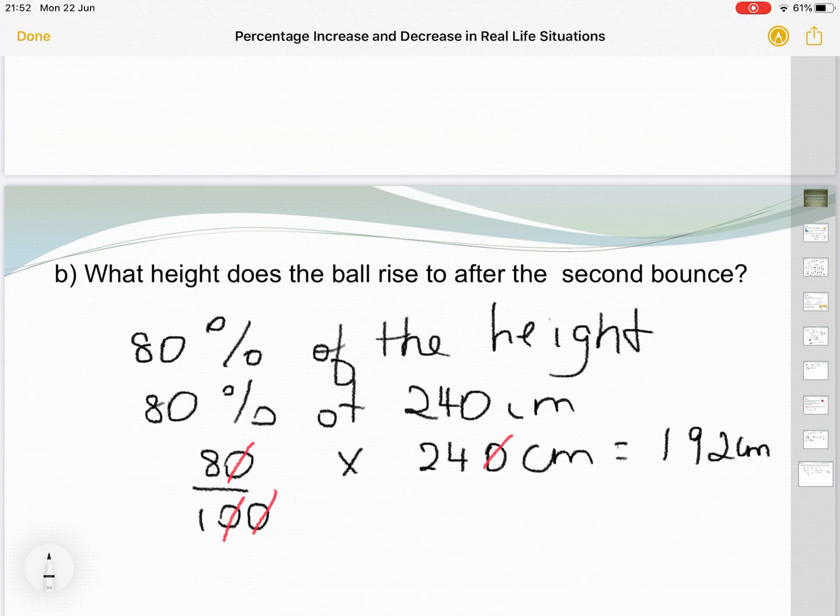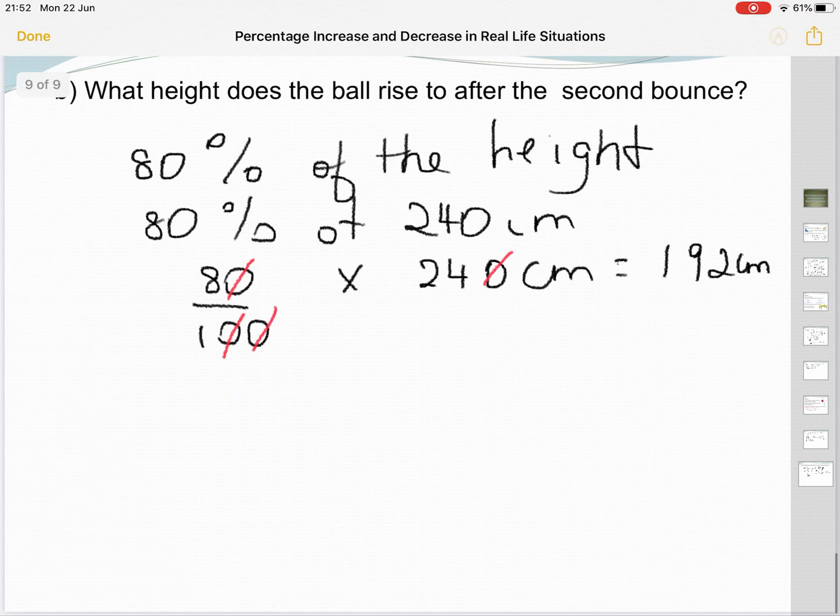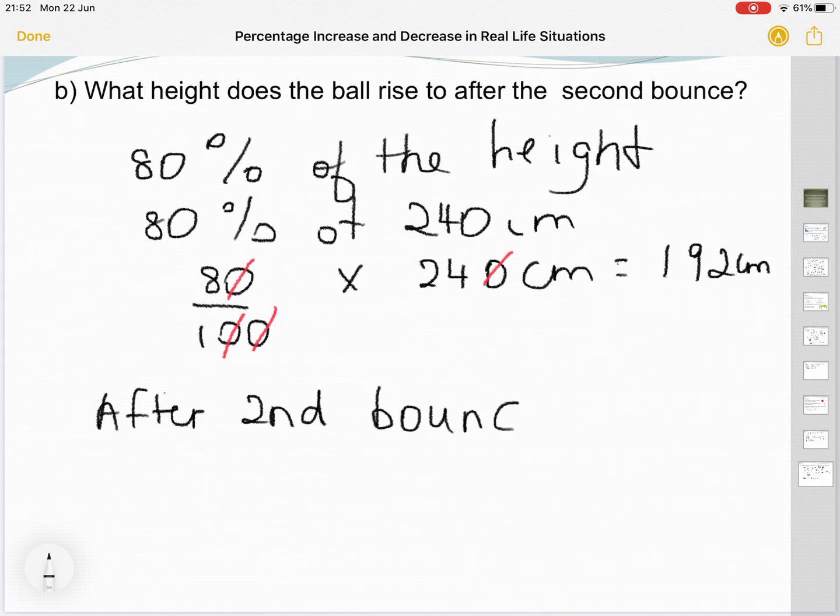All right, so after second bounce, the ball rises 192 centimeters only.